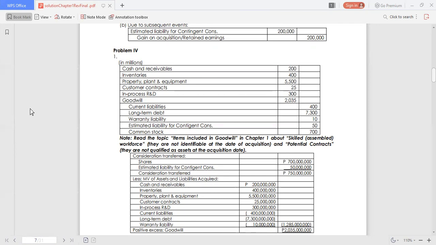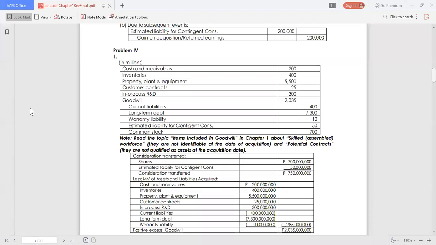Okay, so we have to read the topic items included in goodwill in Chapter 1 about skilled assembled workforce. They are not identifiable at the date of acquisition, and potential contracts are not qualified as assets at the acquisition date.